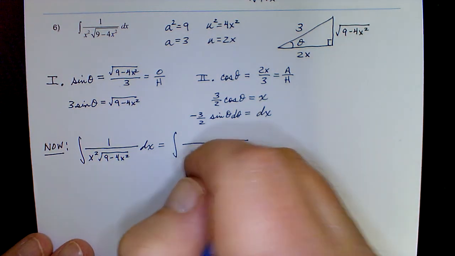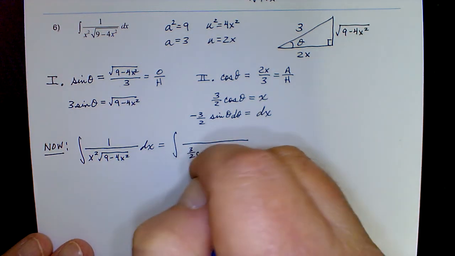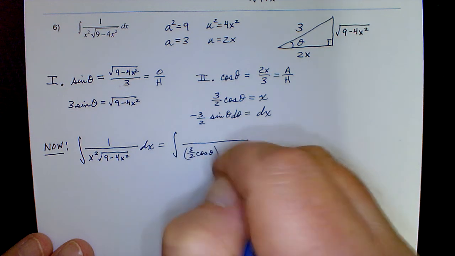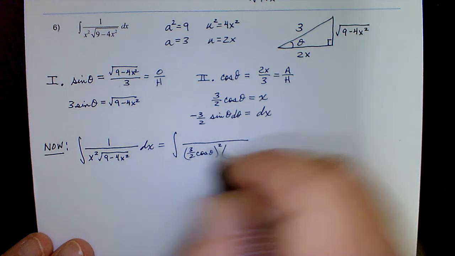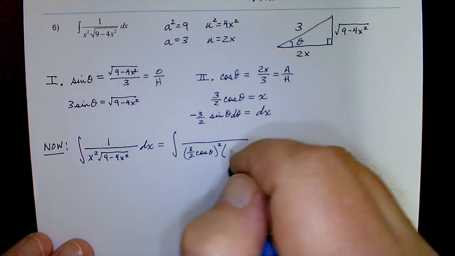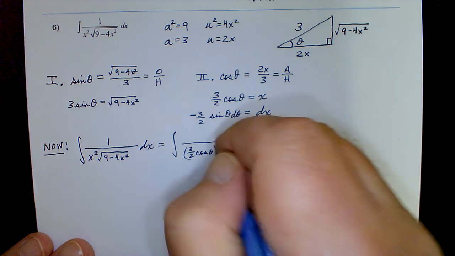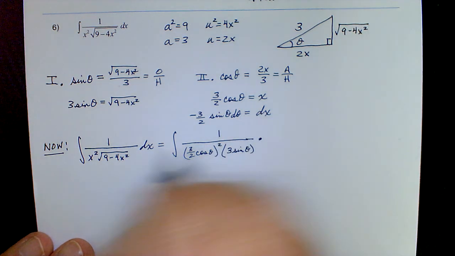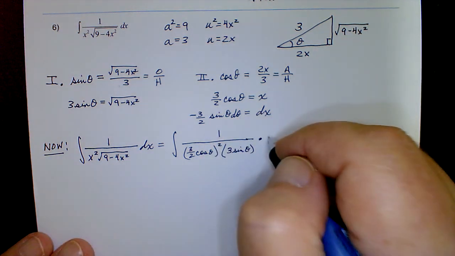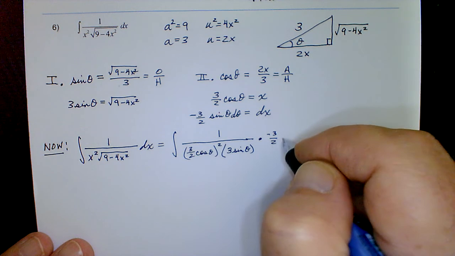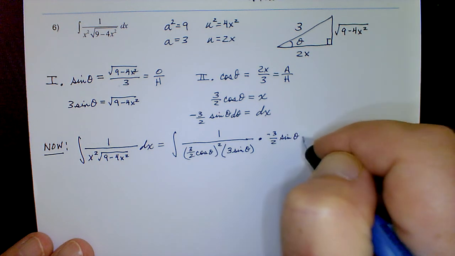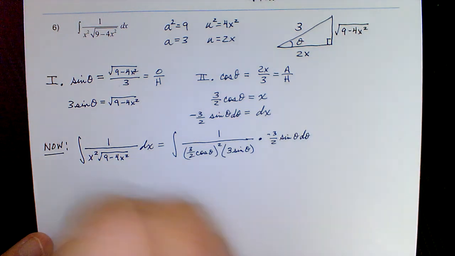Well, x is 3 halves cosine theta. That'll need to be squared. The radical part is 3 sine of theta. We have 1 over all of that times the differential dx, which was negative 3 halves sine theta d theta.